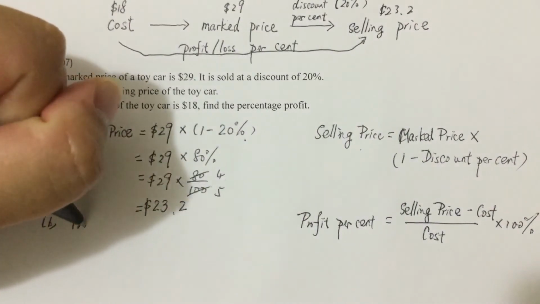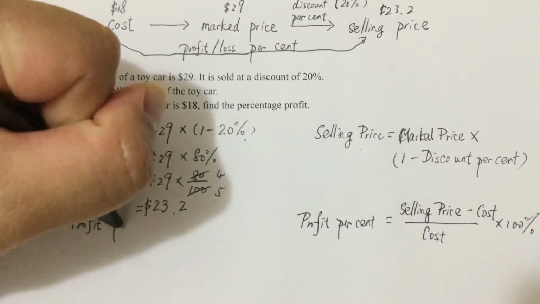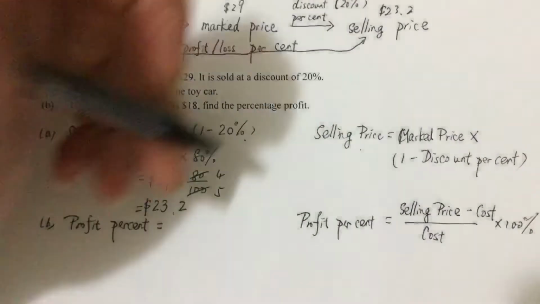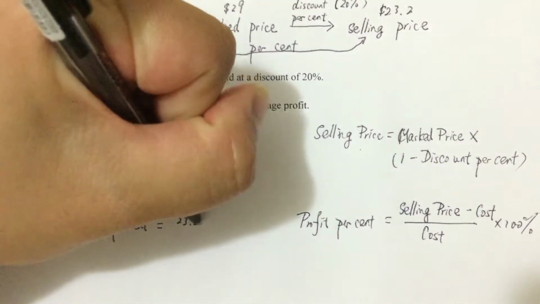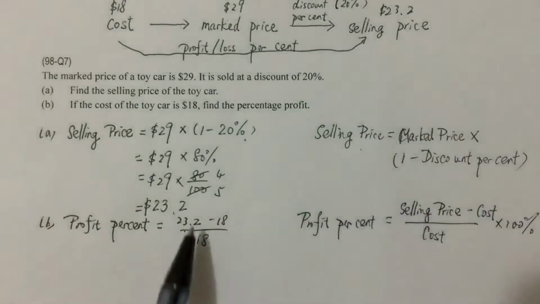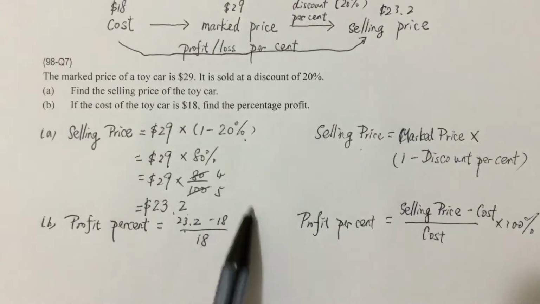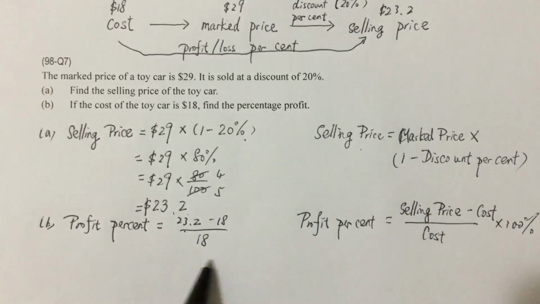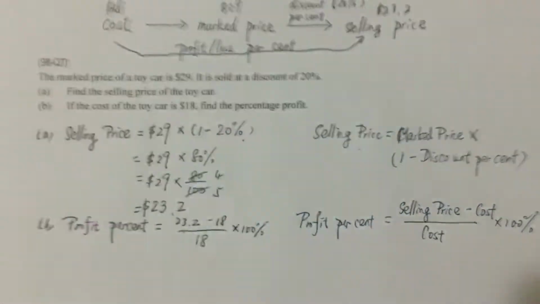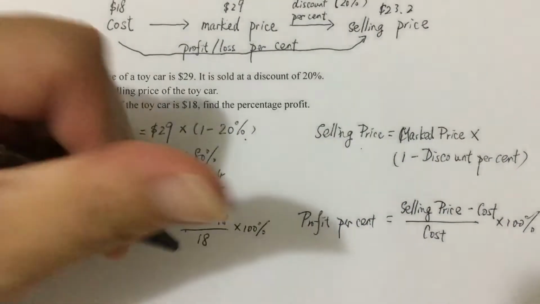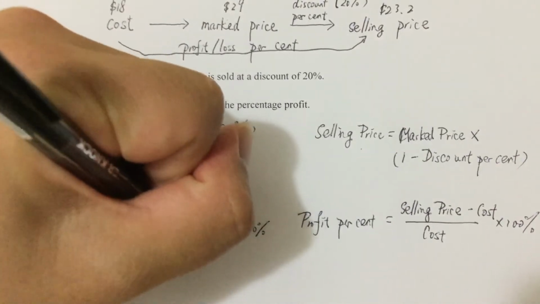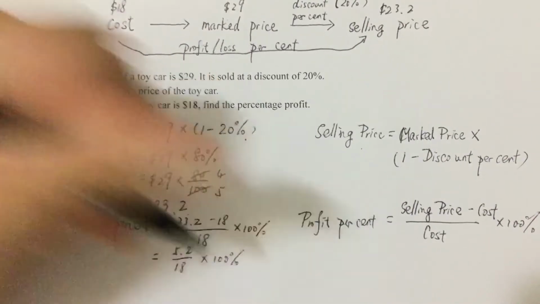So profit percent, you will have $23.2 minus 18, over 18, times 100%. That is the selling price, 23.2 minus 18, over 18, times 100%. So this one is 5.2 over 18 times 100%.